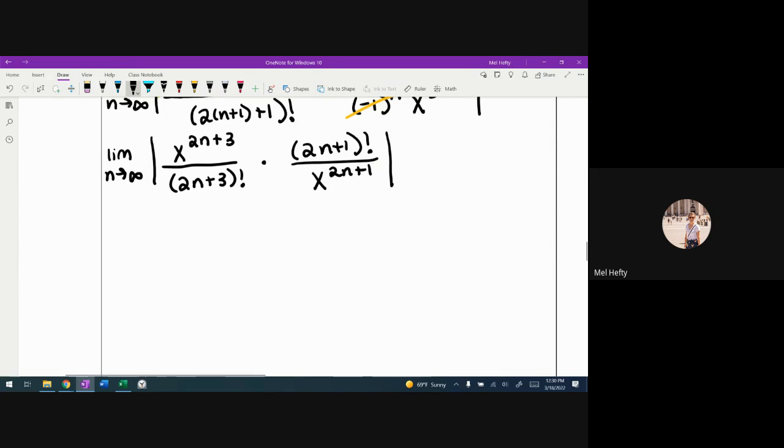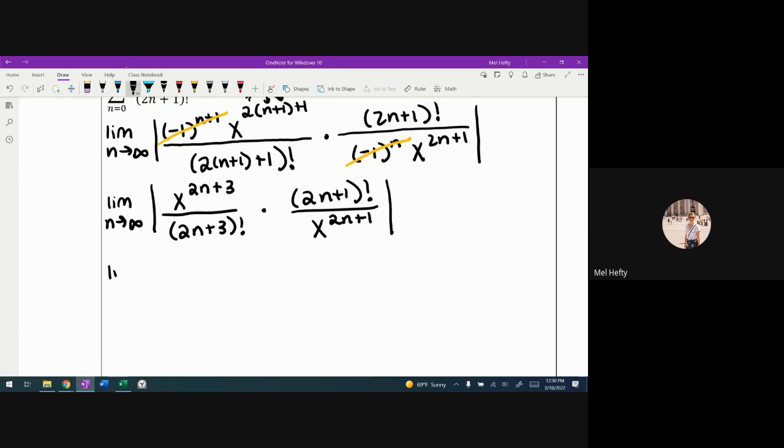All right, ready to break down some factorials and stuff? All right, so I'm going to try to be a little strategic here. How much bigger is this exponent than this exponent? By 2.